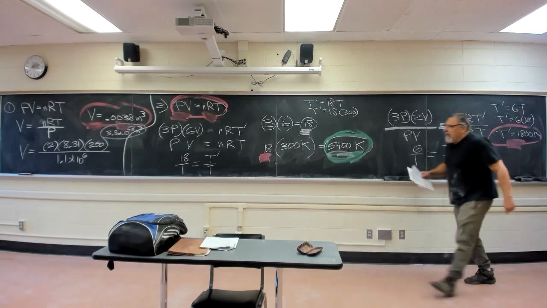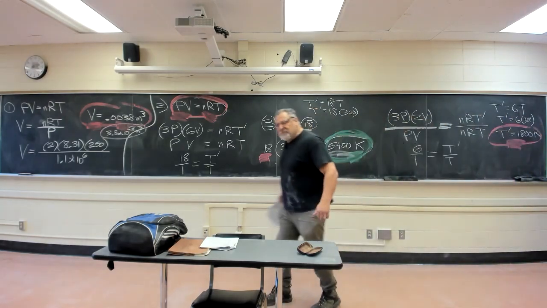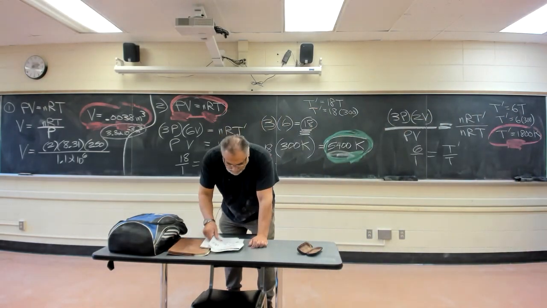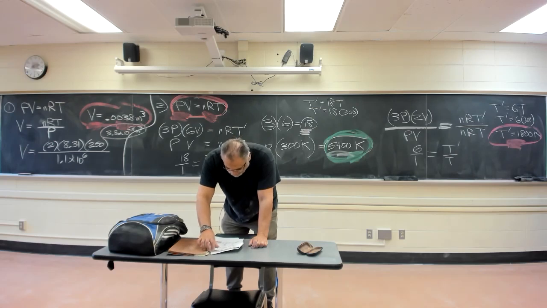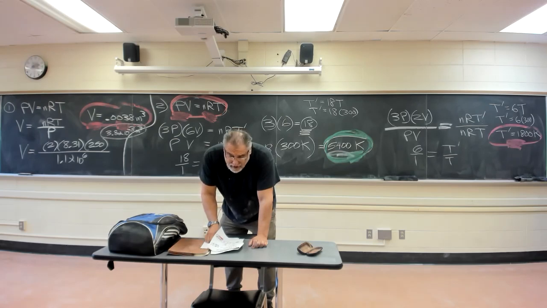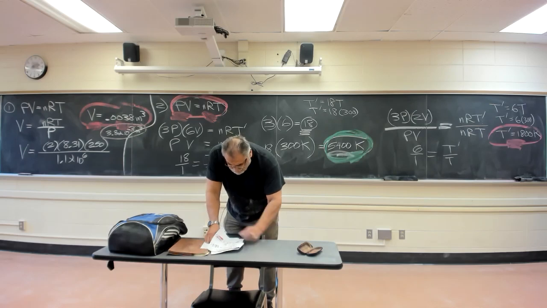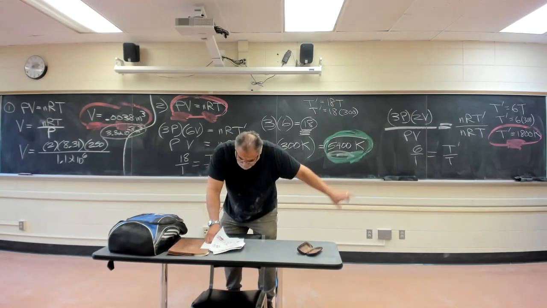It's awkward that it happened that way, but perhaps gives us a way to look at this even further. So it would be 1800 Kelvin if the volume was doubled, not made larger by a factor of 6, but made larger by a factor of 2. Okay, and then that would be the case.